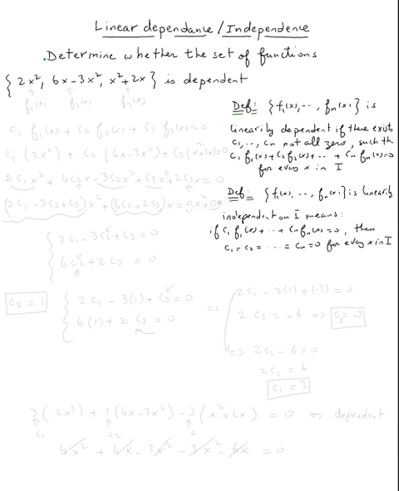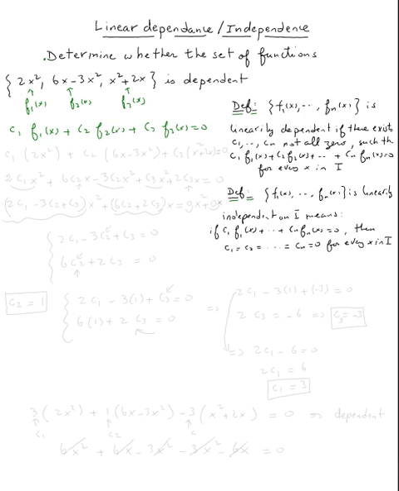So first, we're looking for some constants. Since we have three functions, this is your f1 of x, this is your f2 of x, and this is your f3 of x. So we're looking for three constants, c1, c2, c3. We want c1 times f1 of x plus c2 times f2 of x plus c3 times f3 of x to be 0.